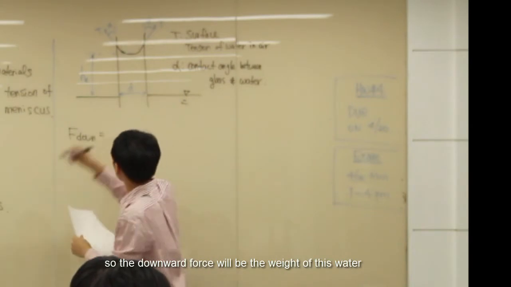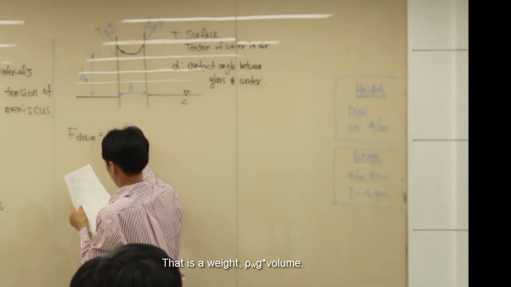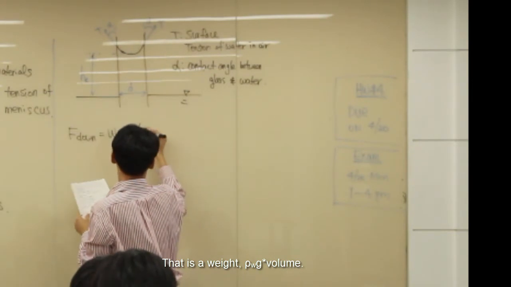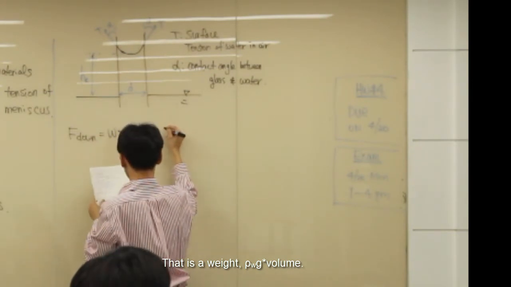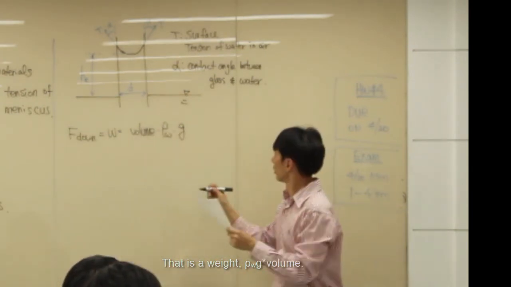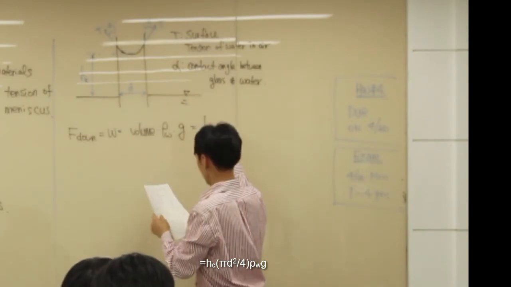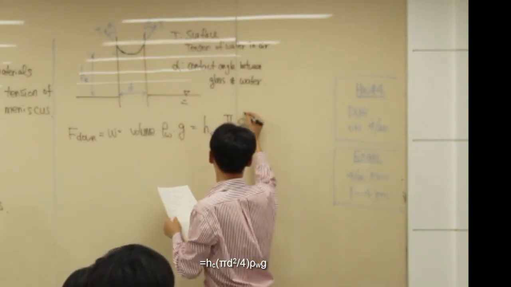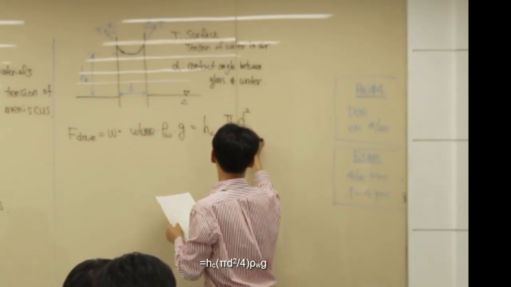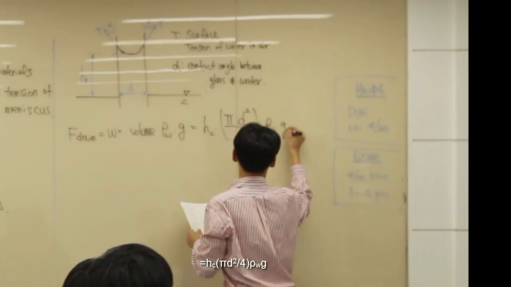So the downward force will be the weight of this water. So that's our weight: the volume times the density and gravitational acceleration. So this will be HC times pi d square over 4 times density times g.